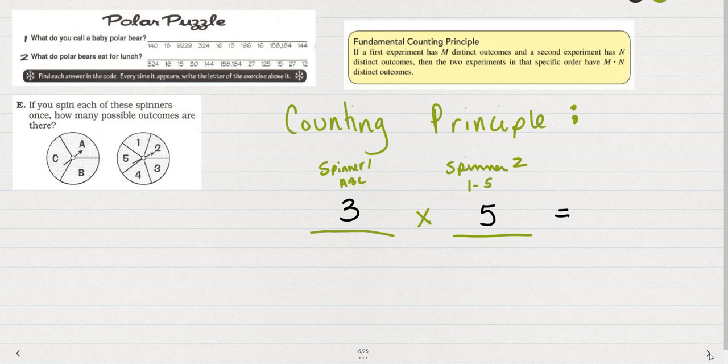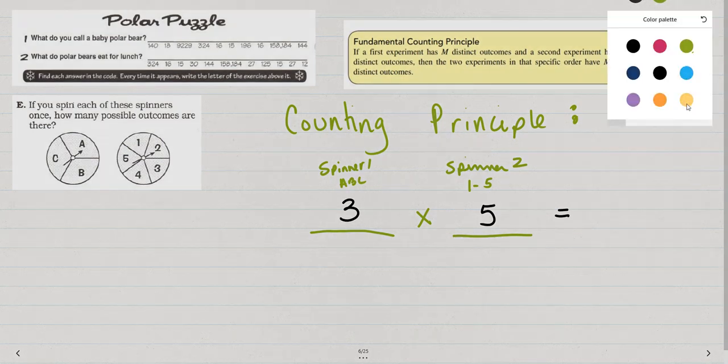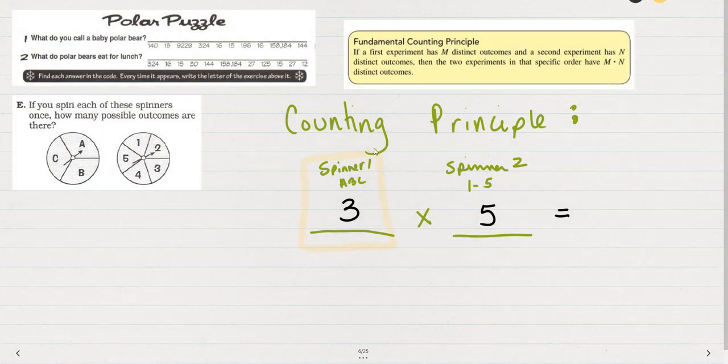Now, another approach to this question is using the fundamental counting principle. For the fundamental counting principle, if the first experiment has m distinct outcomes, so in this case, spinner 1 has a grand total of 3 possible outcomes, right?